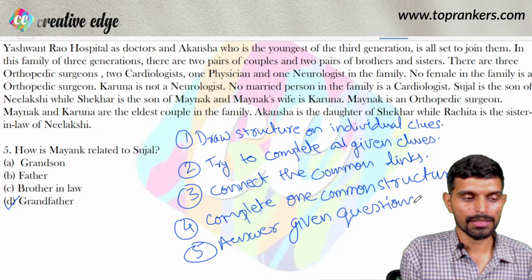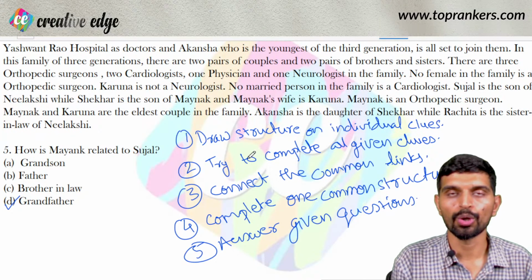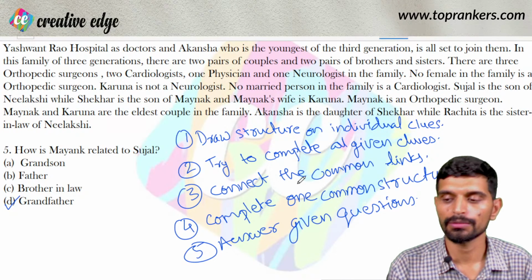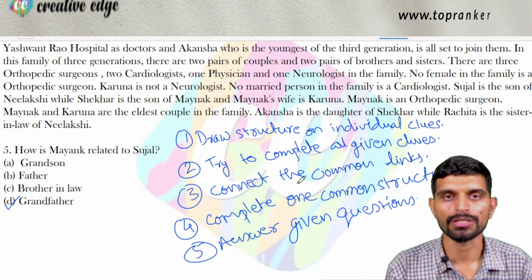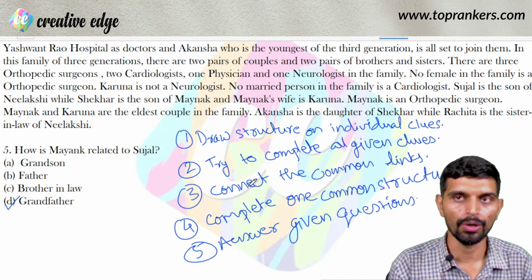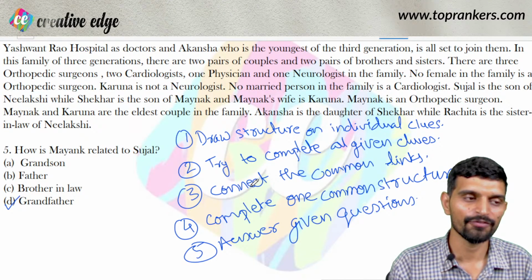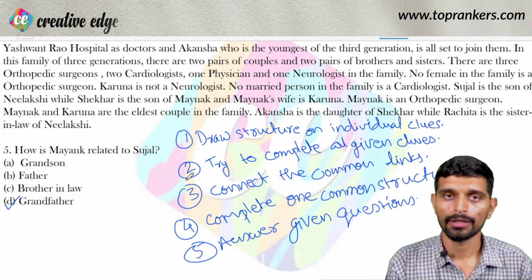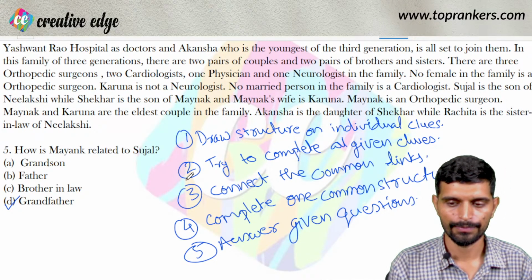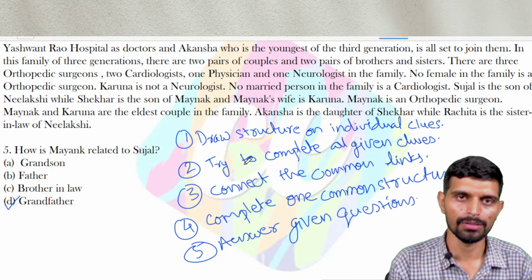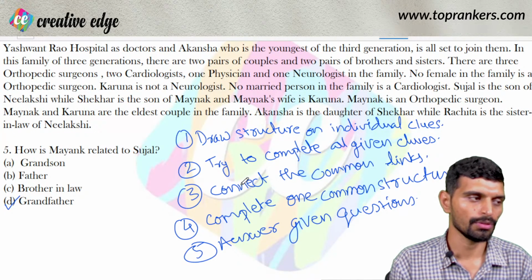So these are the steps to be followed in case of a caselet or a paragraph when more than 2-3 questions are given to you. These are the steps that you should follow for paragraph based questions. In fact, you should follow the same approach for individual questions as well. In fact, in mathematical symbols case also you should follow the same approach, right?